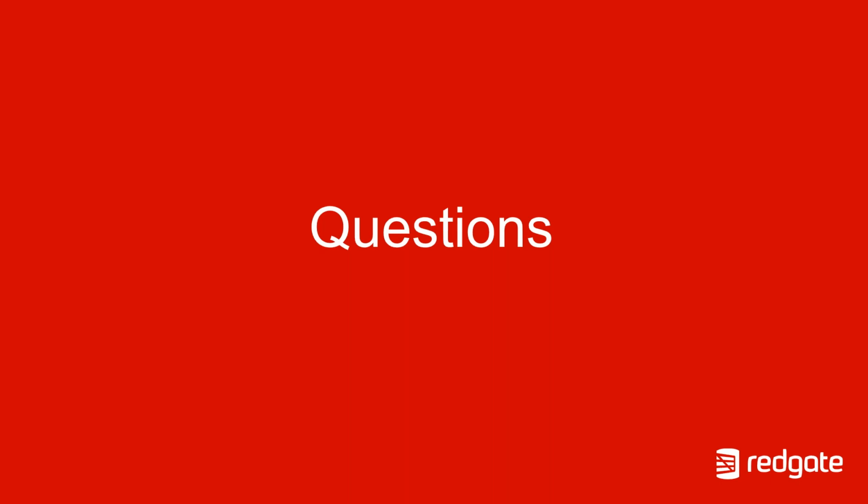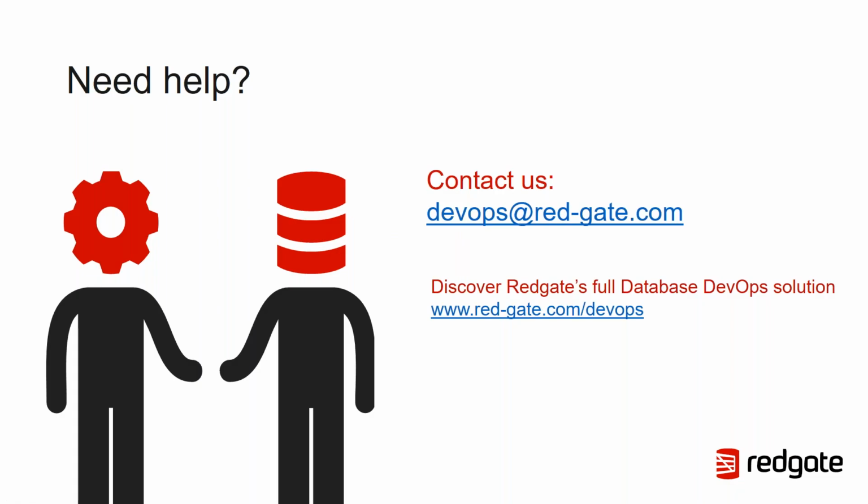In fact, it's on the next slide. So you can contact us at devops@red-gate.com if there are any resources that we can send you. You can also head to red-gate.com/DevOps and see a full overview of our complete solution.